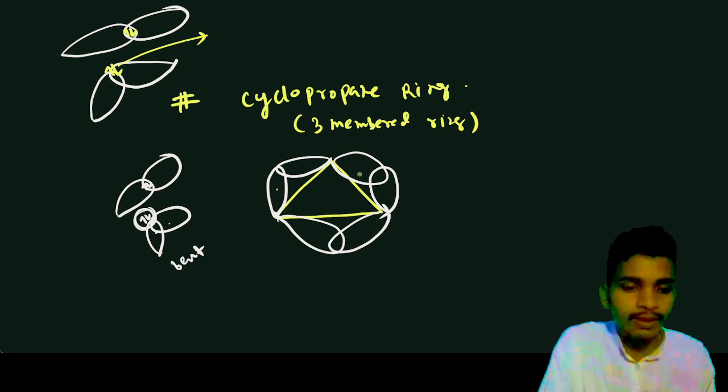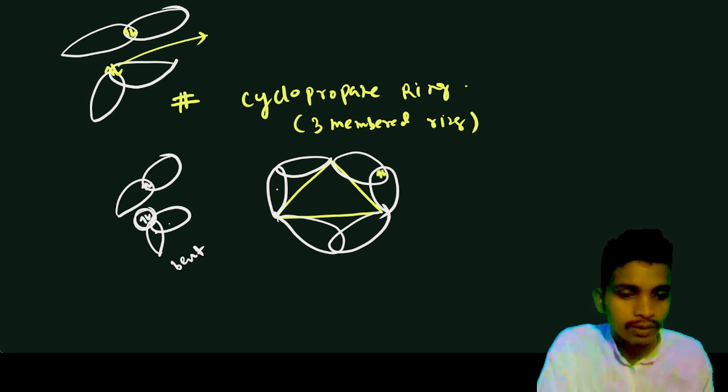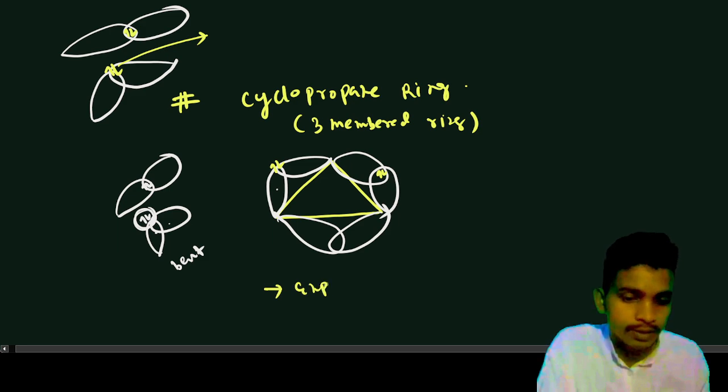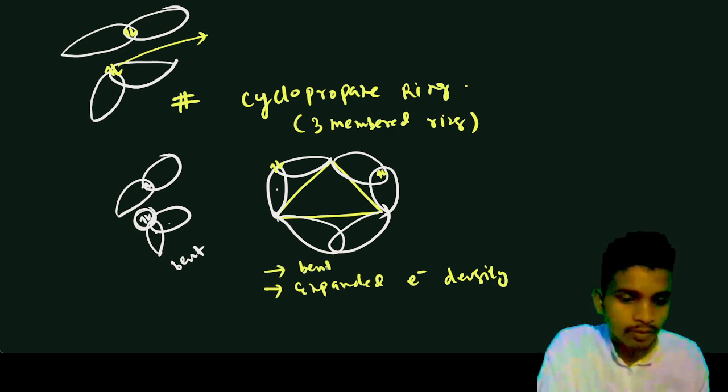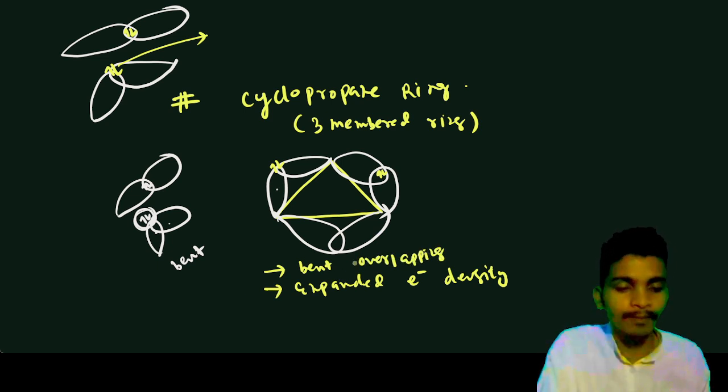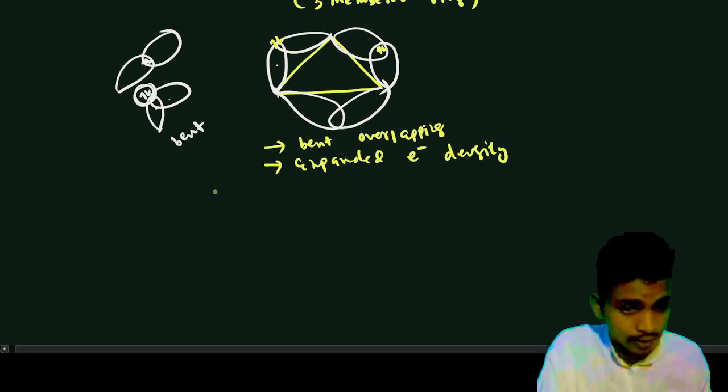So here we have expanded electron density, or what we call bent overlapping. Due to this bent overlapping, they have expanded electron density.